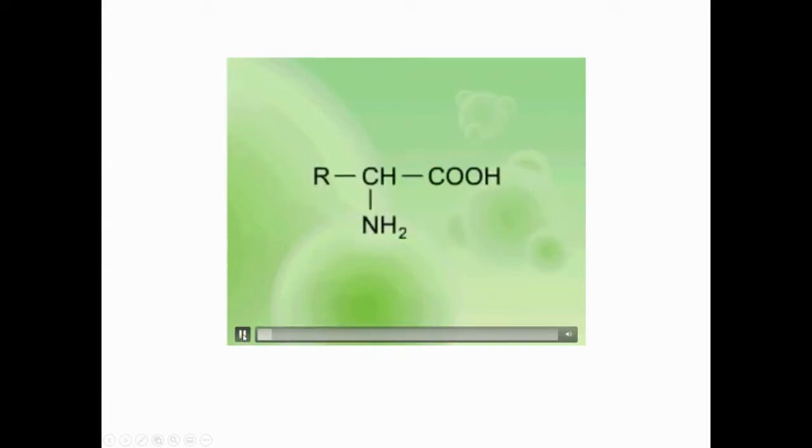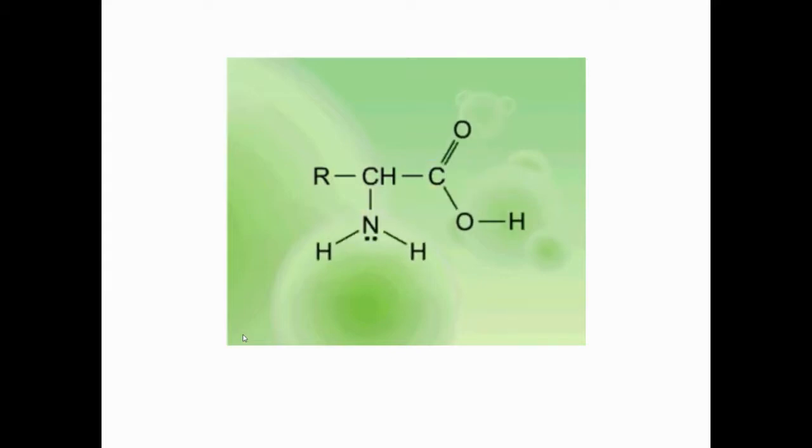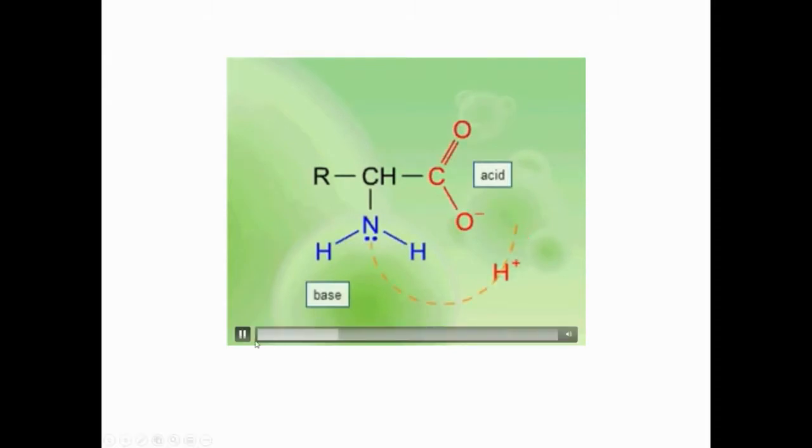Although we usually represent an amino acid as a compound with an NH2 and a COOH group, this is not strictly accurate. Amino and carboxyl groups can react with each other, owing to their opposite acid-base properties.